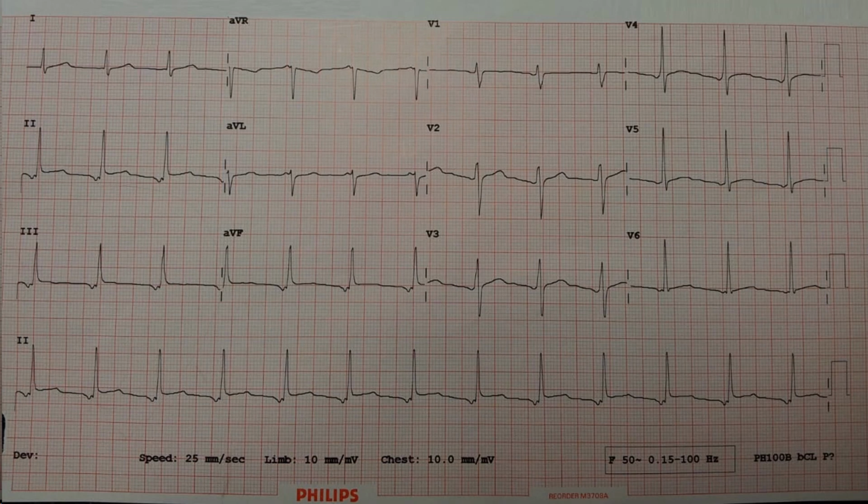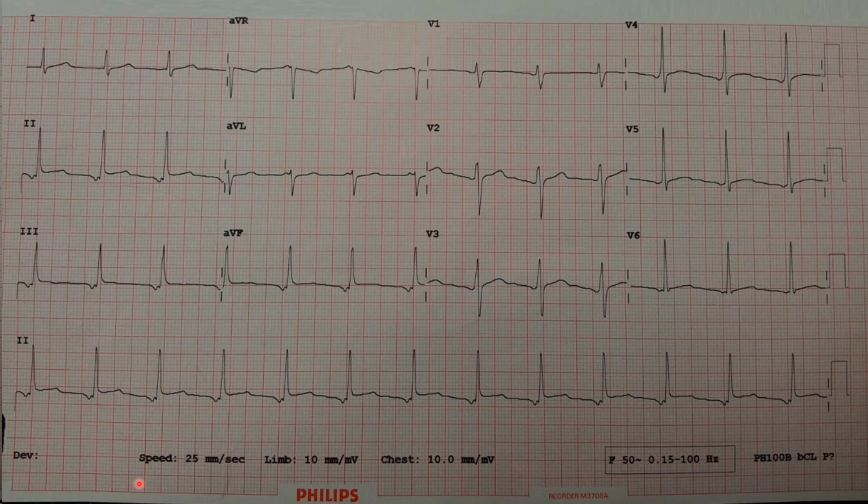Let's discuss this ECG. First of all, having a gross look at the ECG, we can see some obvious findings which don't look normal. I mean, look at the P waves.